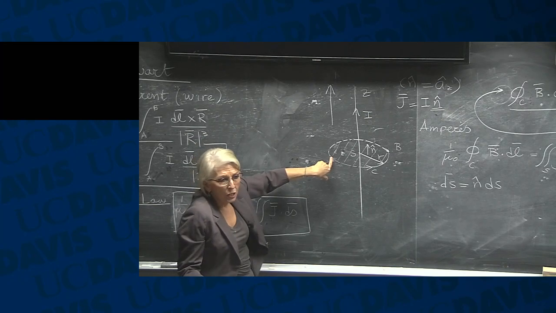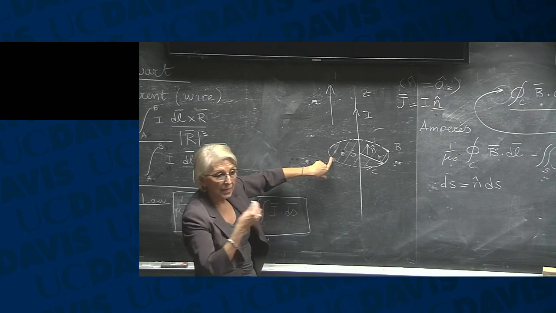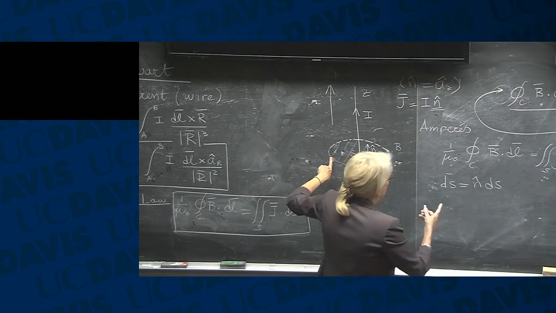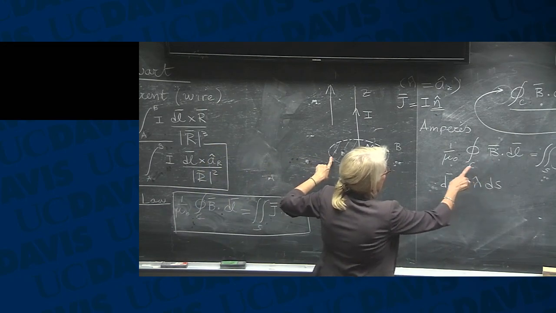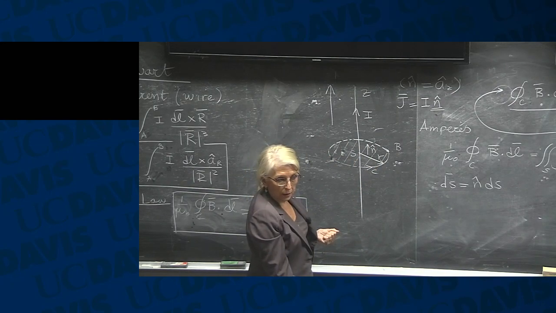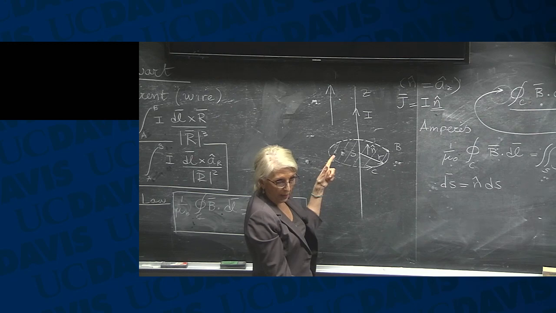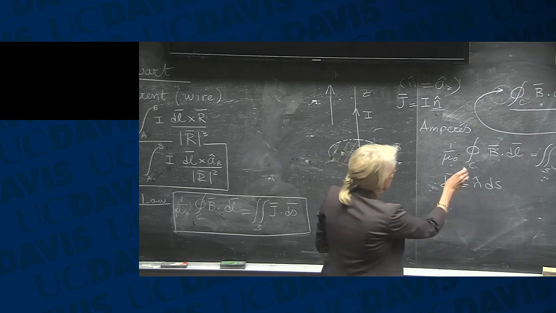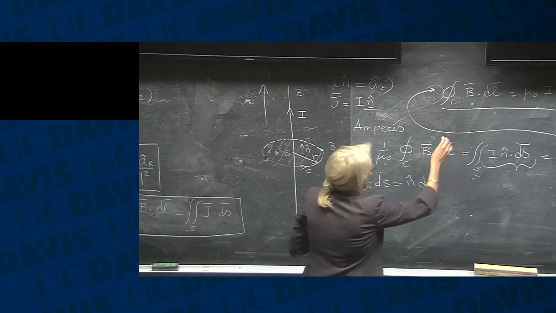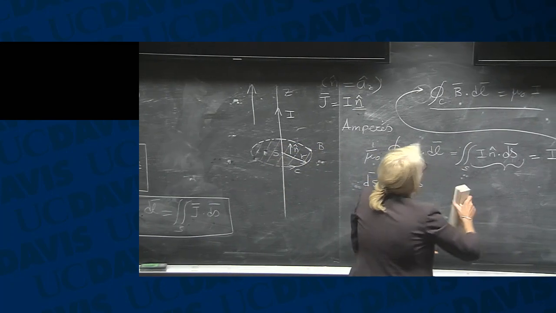There is no reason not to see the same thing because it has a cylindrical symmetry. So that says to me that B along this line is constant. This is a circle. Remember that. So B along C is a constant.